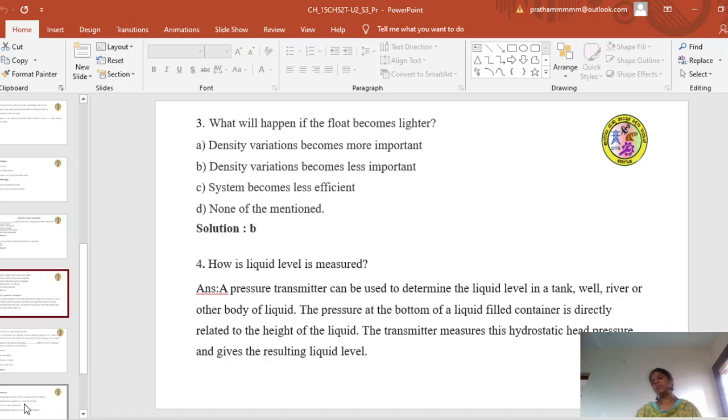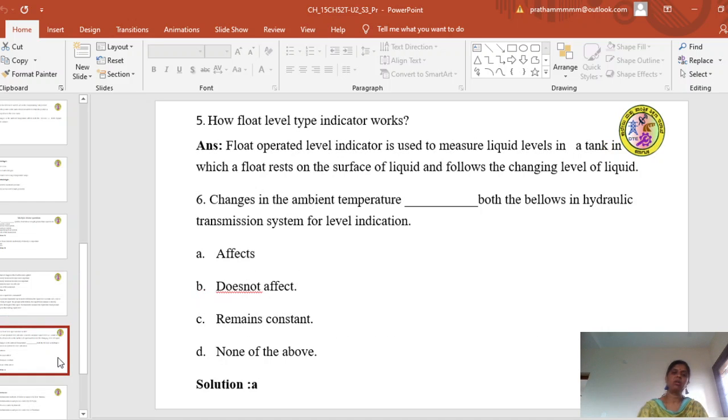A transmitter measures the hydraulic head pressure and gives the resulting liquid level. Other than the direct and indirect methods, here also by indirect method and direct method the liquid level can be measured. So how the float level indicator works, that you have to write if it is asked for 2 marks.